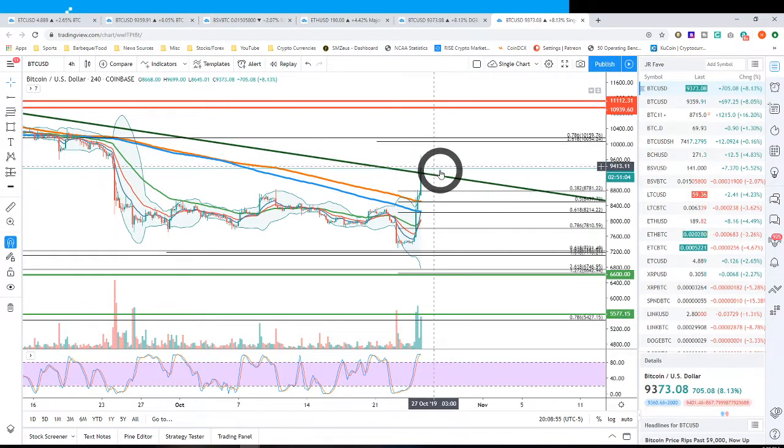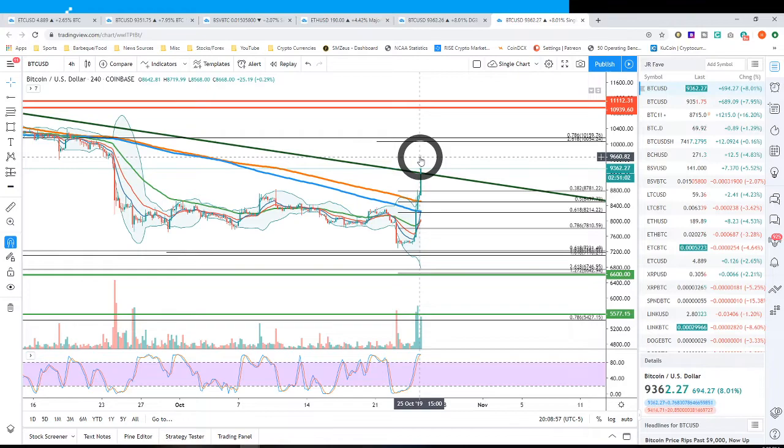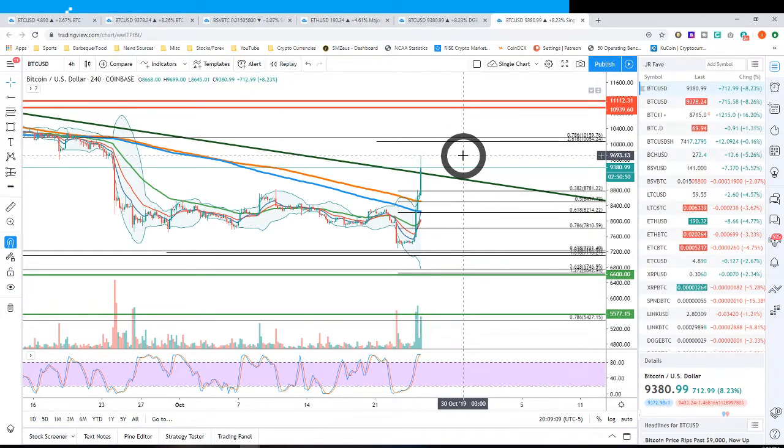Just let it pull back. Be patient. I know it's been 20 minutes since this thing made this big move. Be patient. Stay calm. Don't let emotion rule your trading decisions.